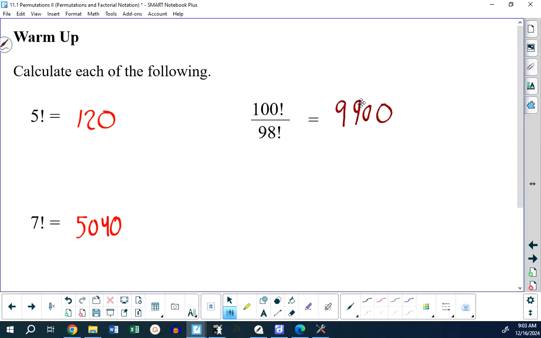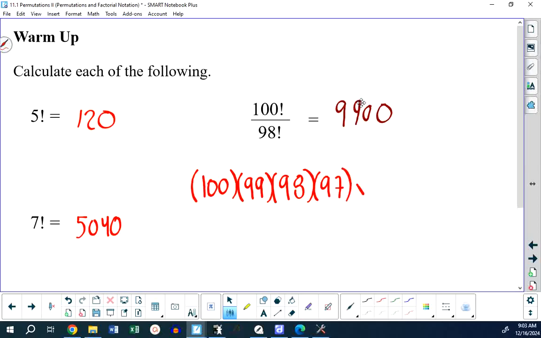And another way to look at it, I'll write this a couple of ways. It's an important enough idea that we don't want to just gloss over it. This is 100 times 99 times 98 times 97 times dot, dot, dot, times 3 times 2 times 1.